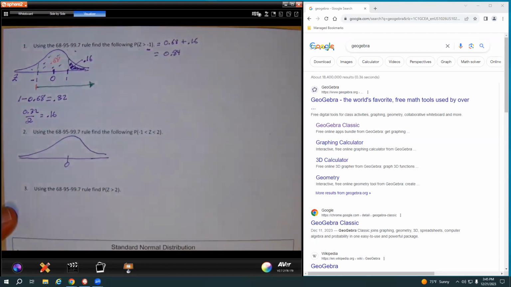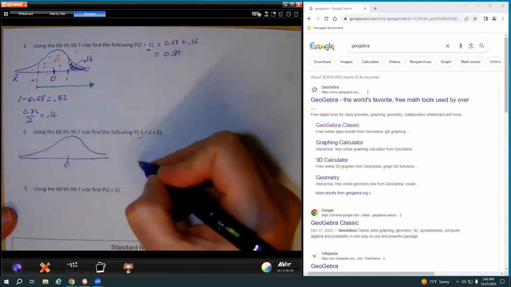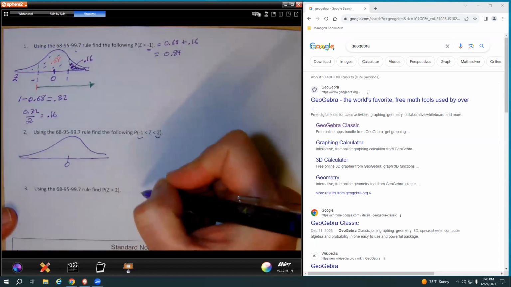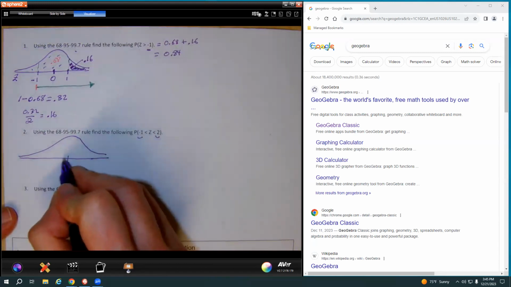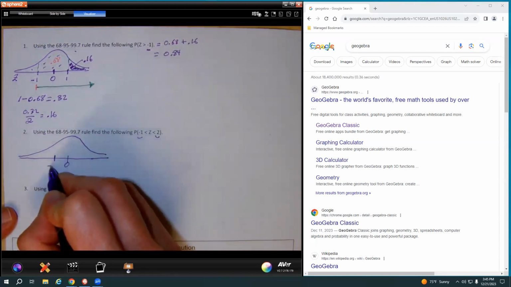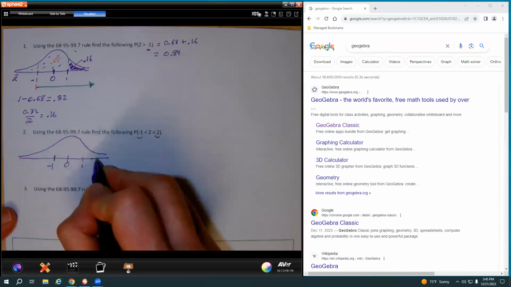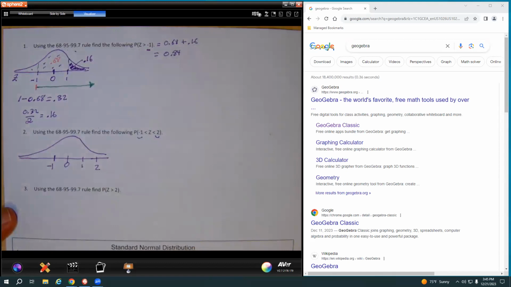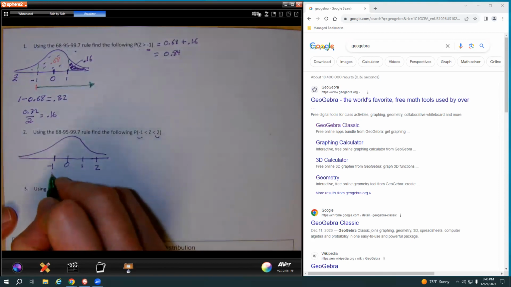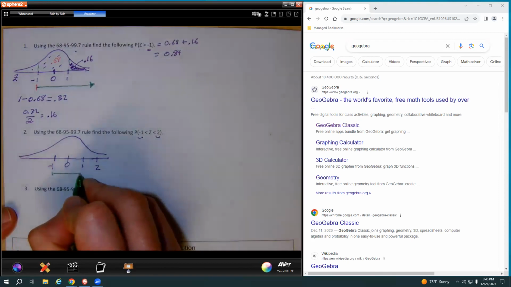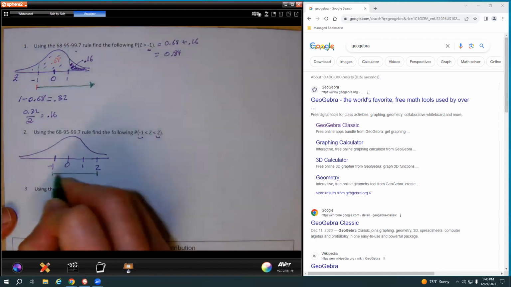Now I notice it involves two things: -1 again, and now 2. So I'm going to come over here and draw -1, and then come over here and draw 2. Really, the area I'm after is between here and here.